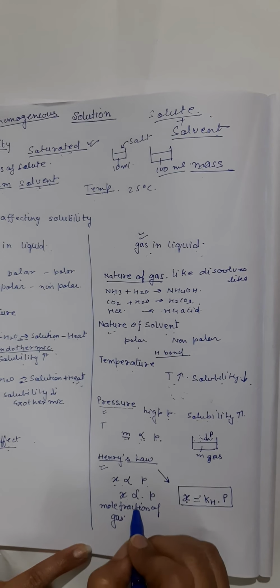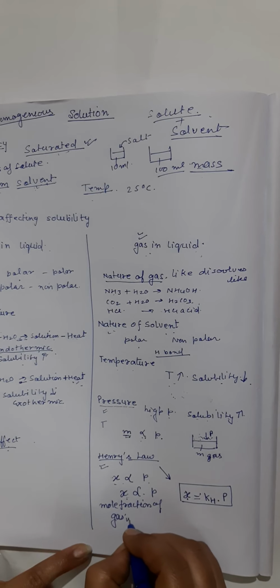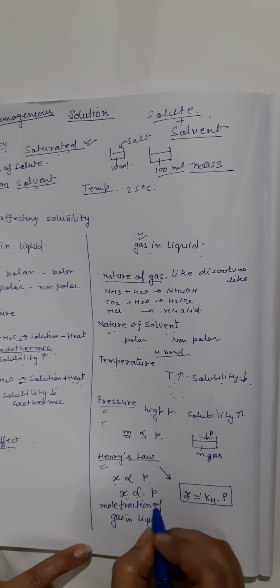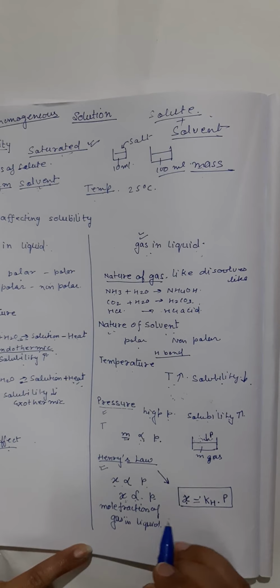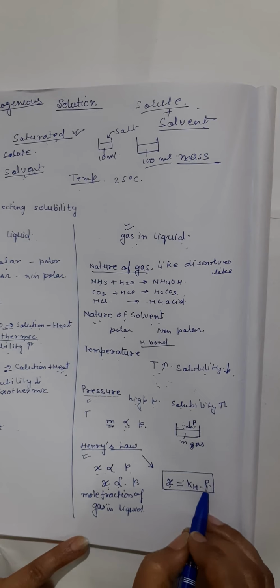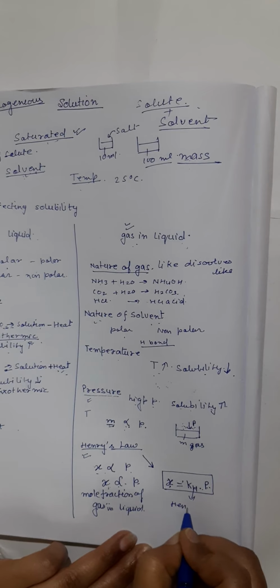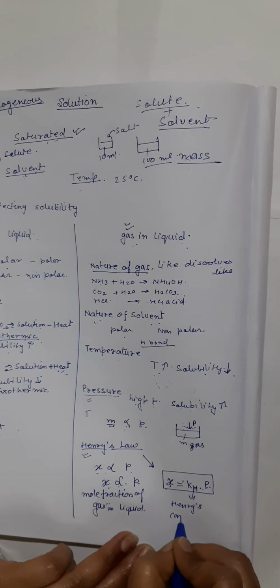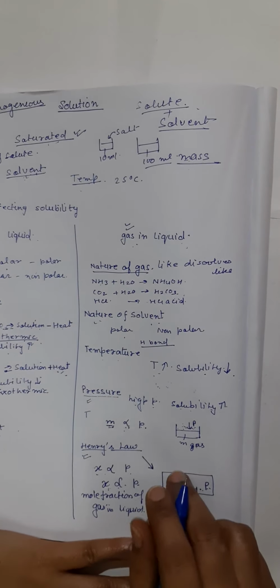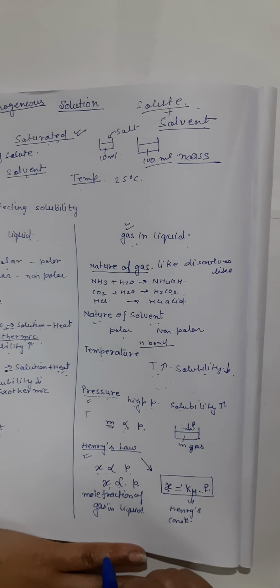That is another expression: mole fraction of the gas in the liquid is directly proportional to pressure of the gas over the surface of liquid. And when you bring the proportionality constant, X is equal to KH into P, where P is pressure, and KH is called Henry's constant. That is how the pressure factor is applicable on solubility of a gas.